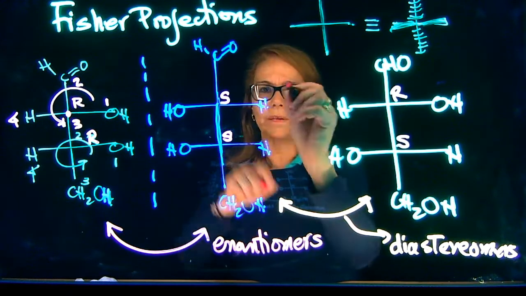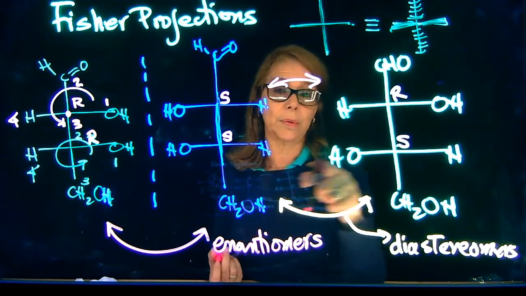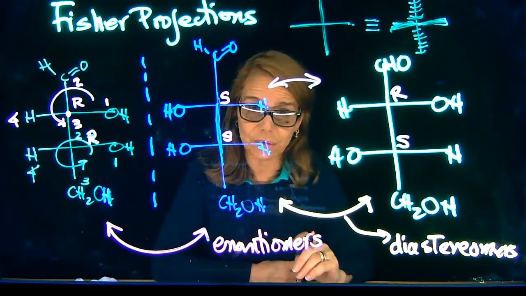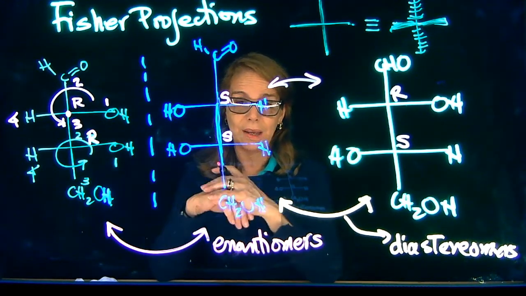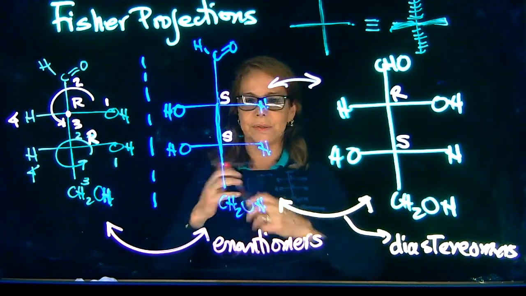If you see these two, the carbon above is inverted, but the carbon below is not. So that's another way to distinguish diastereomers. Again, enantiomers will have all chiral centers inverted if there are multiple, and that's not the case for diastereomers.